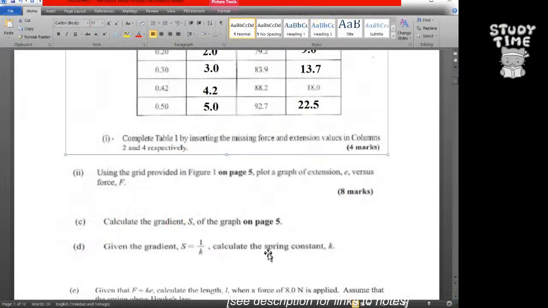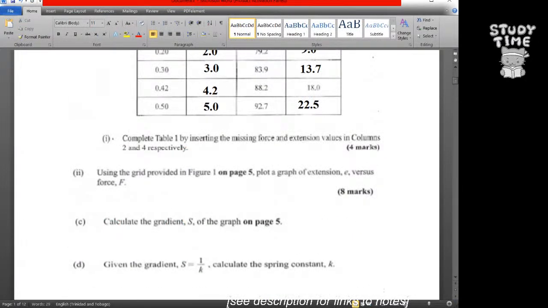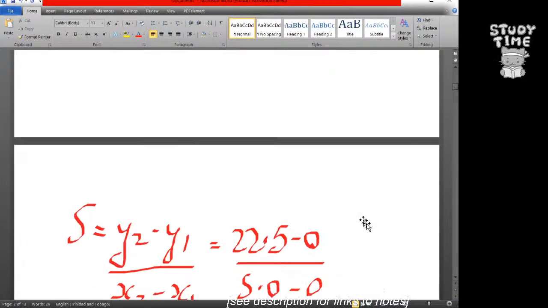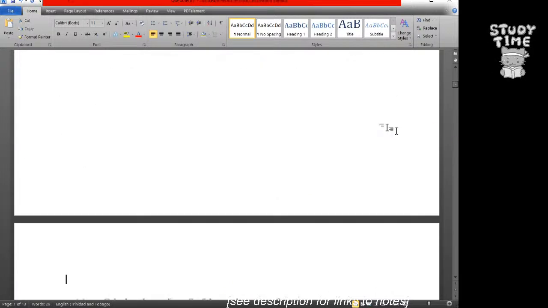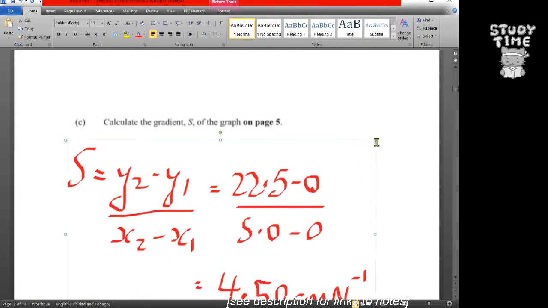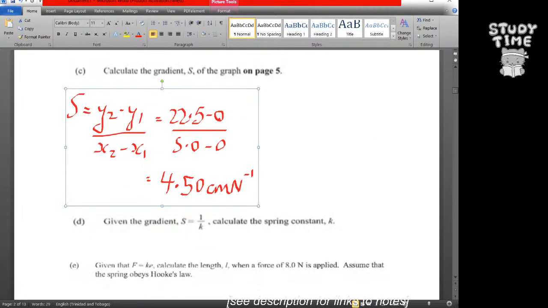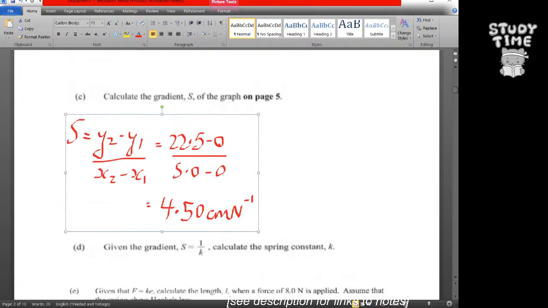Alright, let me look at the next one. Given the gradient S is equal to 1 over K, calculate the spring constant K. That's easy.